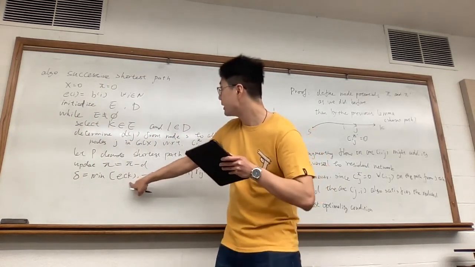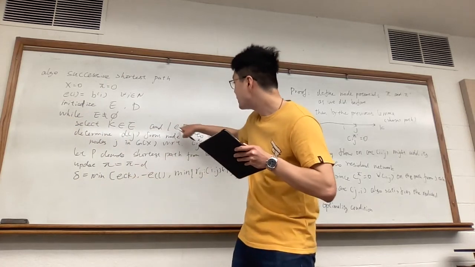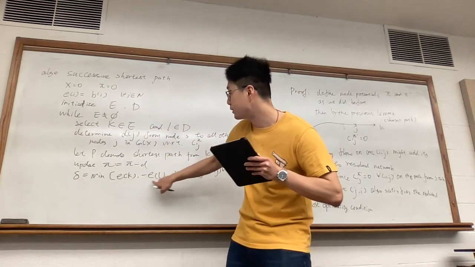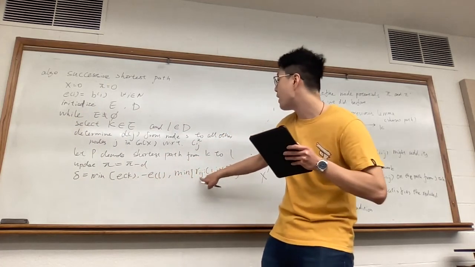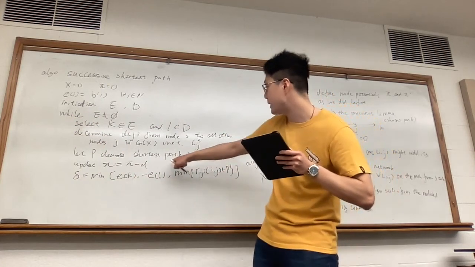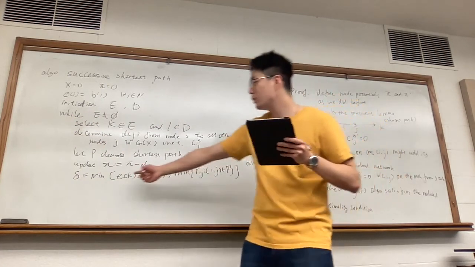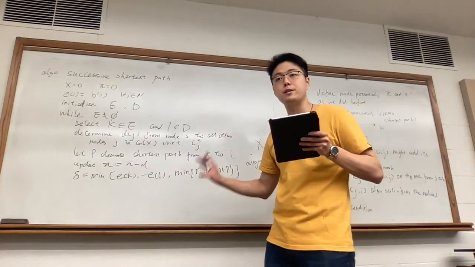So Ek, we know that K is excess, so Ek is greater than 0. And L is deficit, so El is negative, so we take the negative of El, which is positive. And the minimum of Rij, R is the residual, for any ij in this shortest path from K to L. So what is delta? Delta means how much you can augment along this path, right?